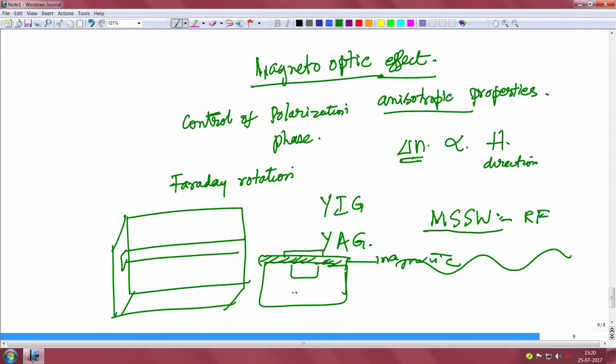And let us say we are controlling the magnetic properties by applying voltages. So, the magnetic properties are dependent on the voltage, and so we could control the propagation of the light wave within these. This is one of the ways in which the polarization state can be controlled.